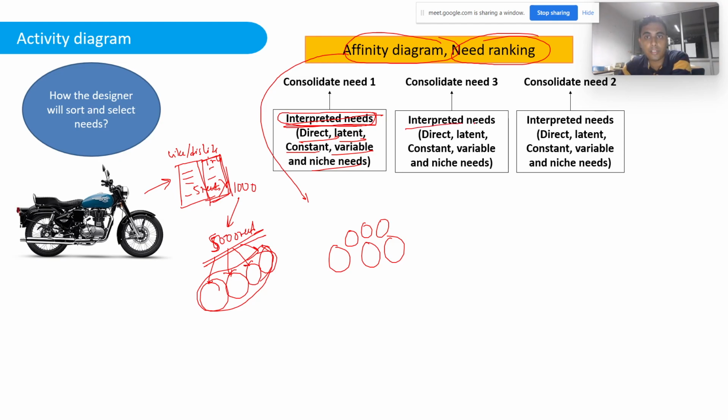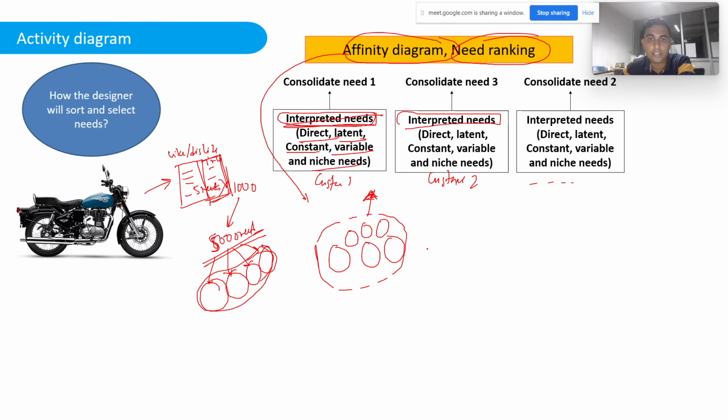So this is from customer 1, this is from customer 2, this is from customer 1, likewise. Multiple of these you realize fall under one particular need. So you do this by the process of affinity mapping.